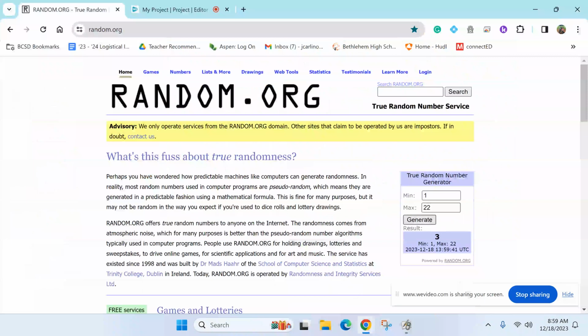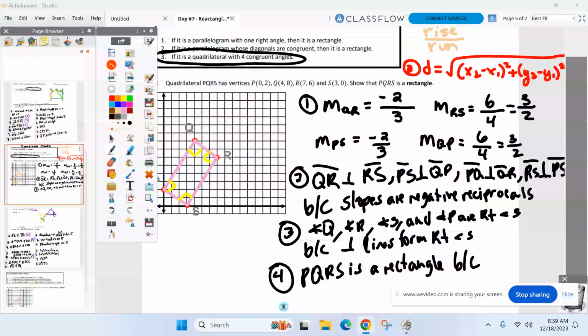Let's finish this in your own words, Selen. Why? What's it have? Has all right angles. Done. Because it has all right angles. No other quadrilateral has 4 right angles. It's got to be a rectangle. Can't be any others.